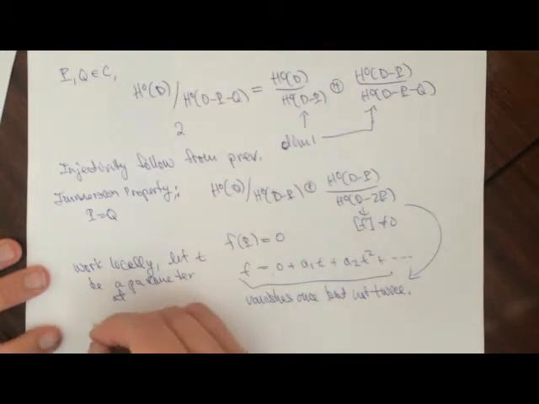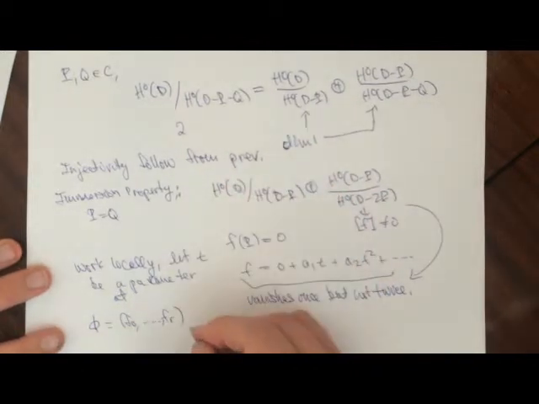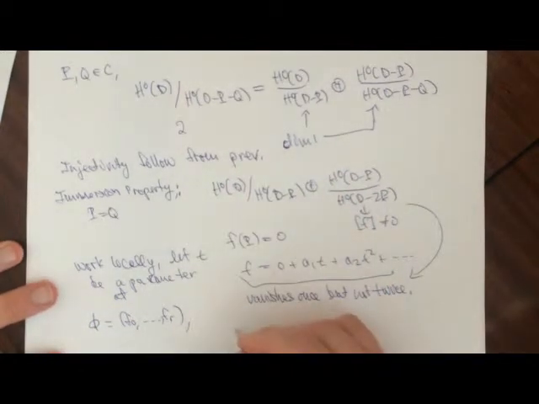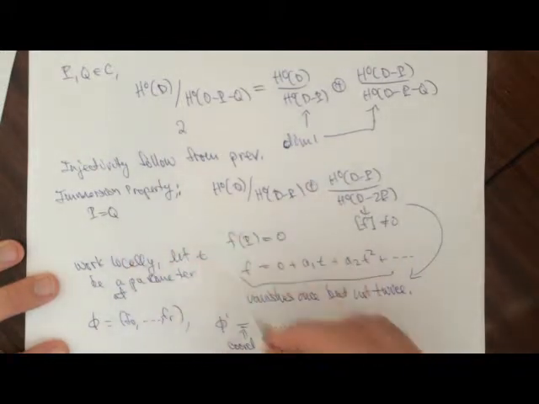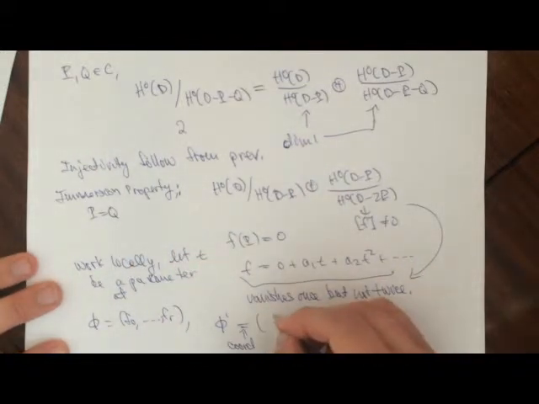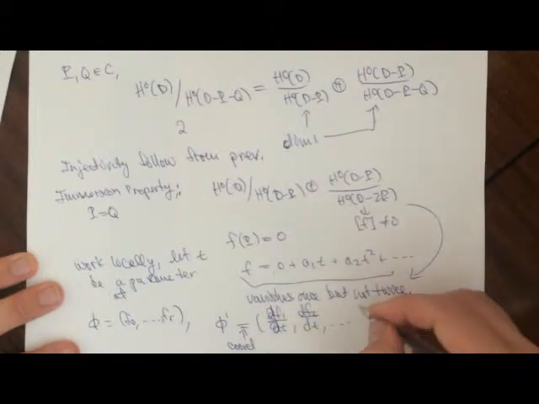Phi, as we wrote before, is f0 to fr, and these are the global sections here. After choosing coordinates, using this local parameter t, this thing looks like df1/dt, df2/dt, etc., up to dfr/dt.